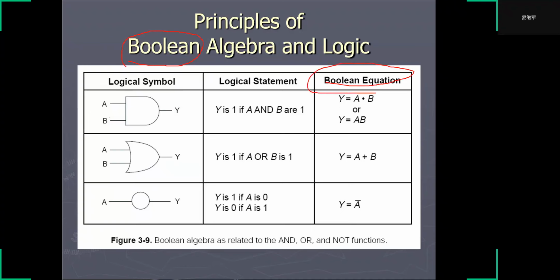The AND operation uses the Boolean equation A multiply B. AND uses multiplication, and OR uses addition. NOT uses a bar on top of the variable.